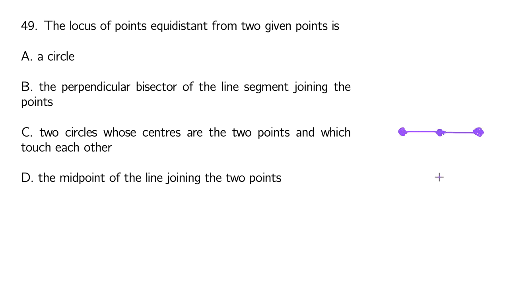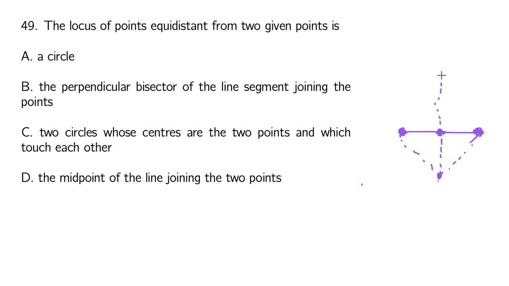If the point is here, it has to always be the same distance. The distance to here must be equal to the distance to here. It cannot be here, for instance, because if it's here, the distance to this point is not the same as the distance. So the point is somehow constrained.